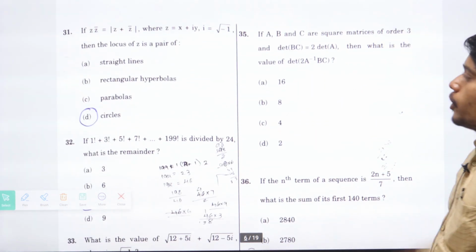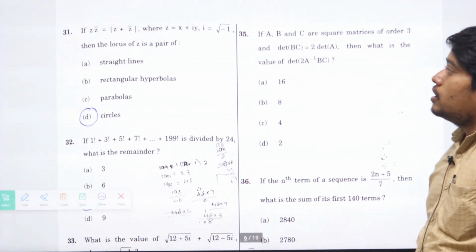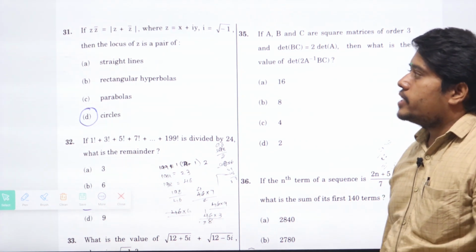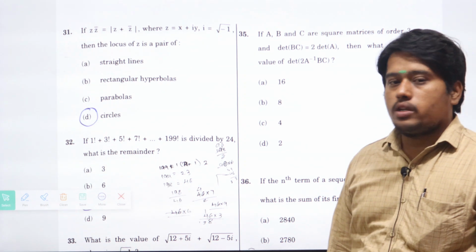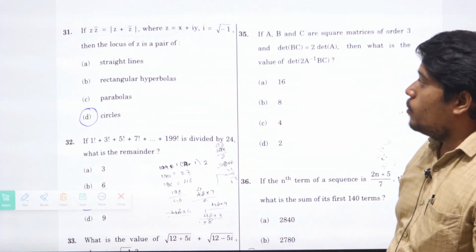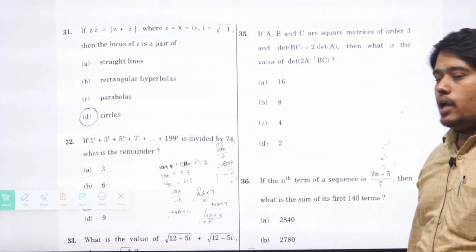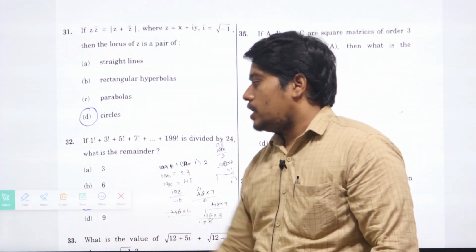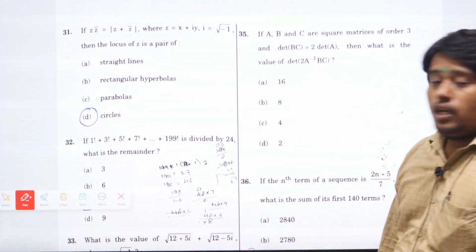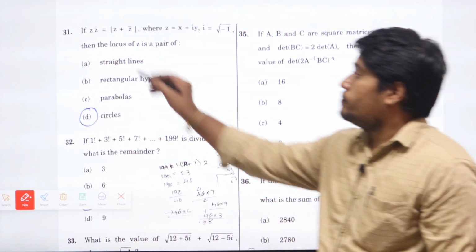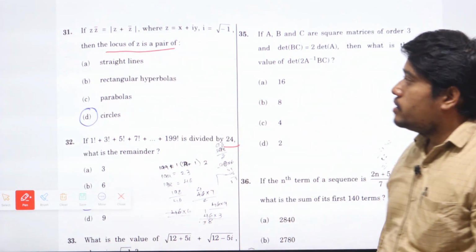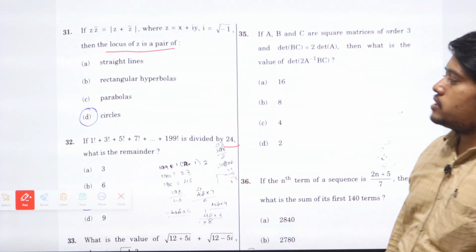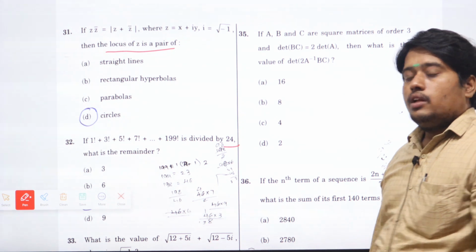31. Okay. So this is based on complex numbers. If z bar is equal to modulus of z plus z bar, where z equals x plus iy, and the imaginary part value is -1, then the locus of z is a pair of straight lines, rectangular hyperbolas, parabolas, or circles.